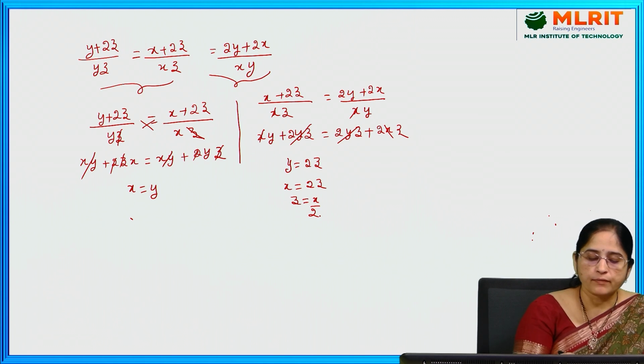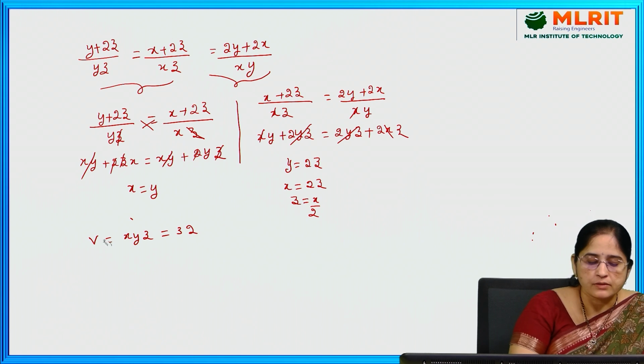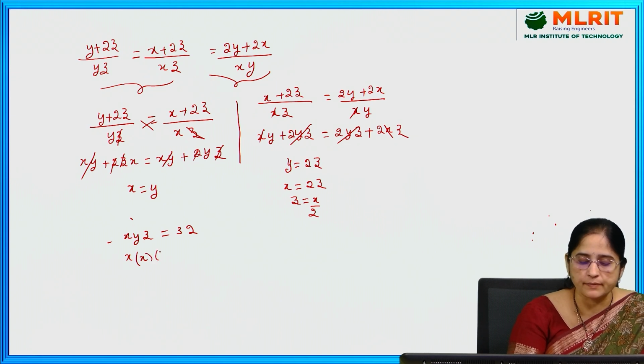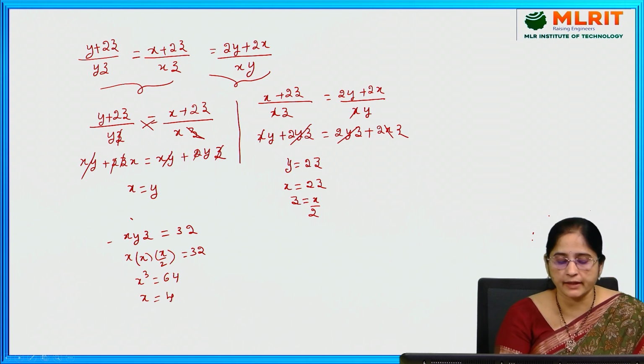We know the volume xyz equals 32. Substituting, x as it is, y equals x, and z equals x by 2, so x cube by 2 equals 32. So x cube equals 64, which means x equals 4. Taking the positive value, x is 4.